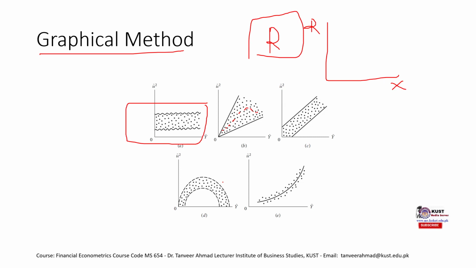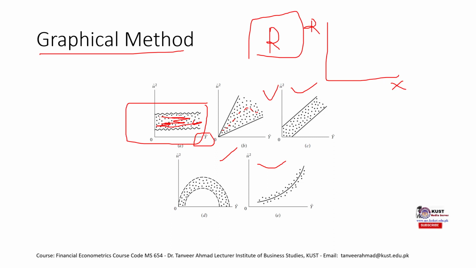But normally only in extreme cases would we be able to identify heteroskedasticity from these graphical methods, and they are not statistical tests. So all these graphs show heteroskedasticity except for this one where the error terms are constant. So irrespective of the value of y or the x variable, the error terms are the same. This graphical method is also called the informal method.